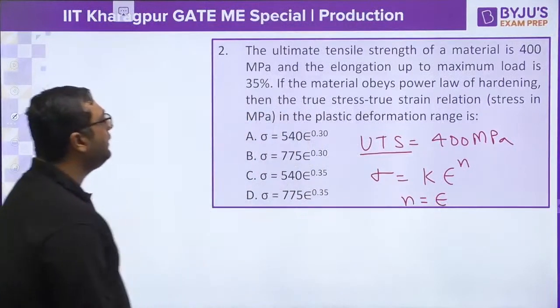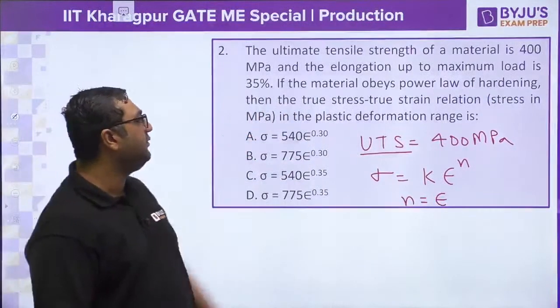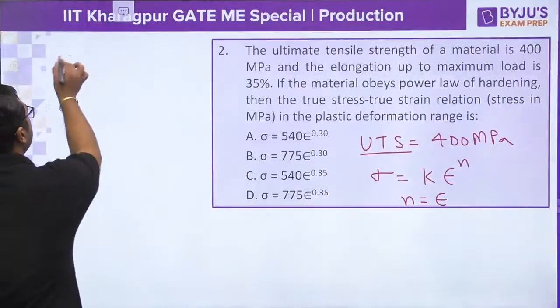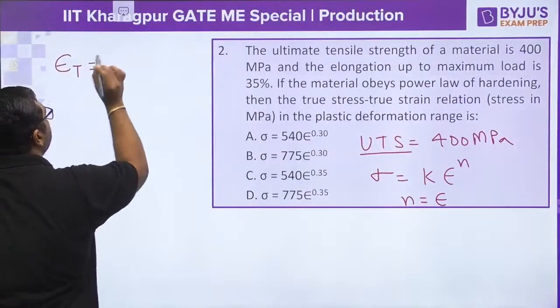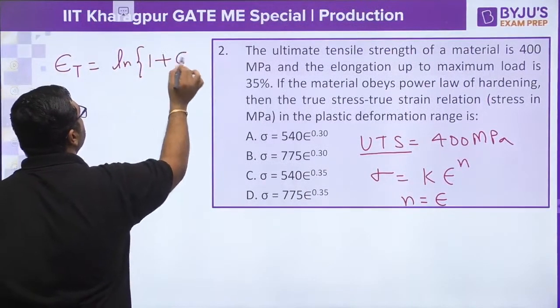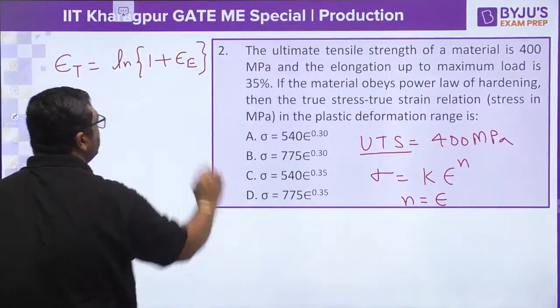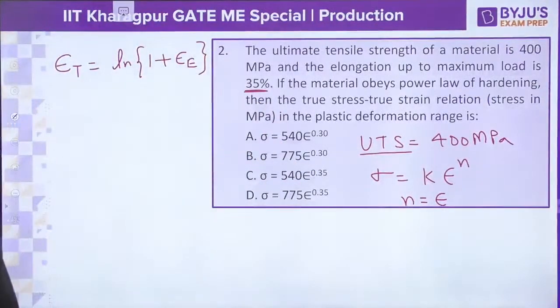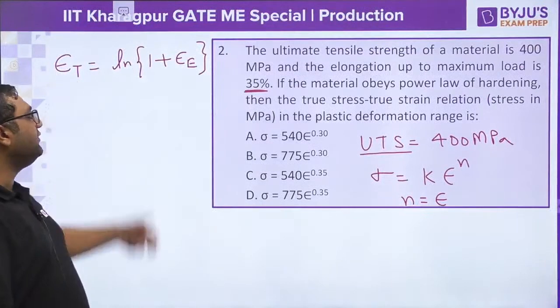Here the true stress-strain relation is asked. The true strain is given as ln(1 plus engineering strain), and the engineering strain is already mentioned as 35% elongation. So this is the true strain value.